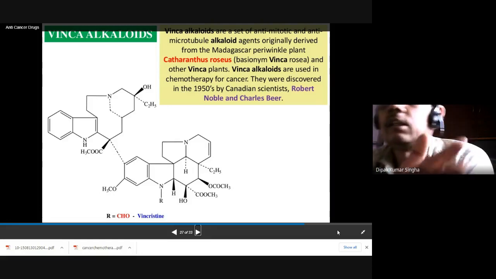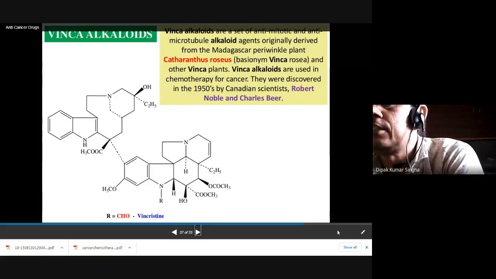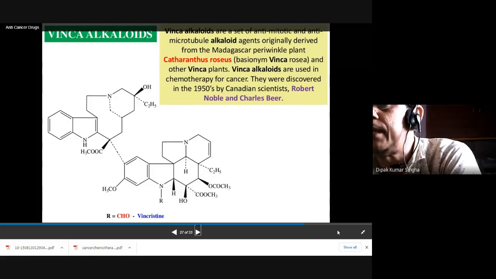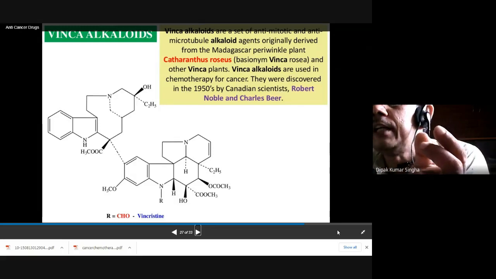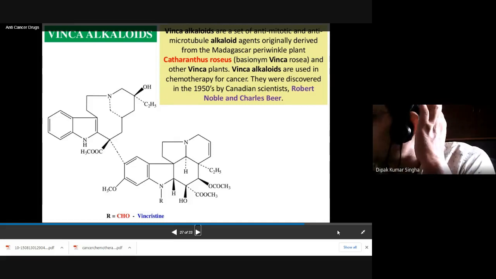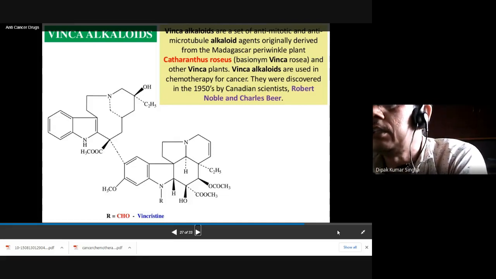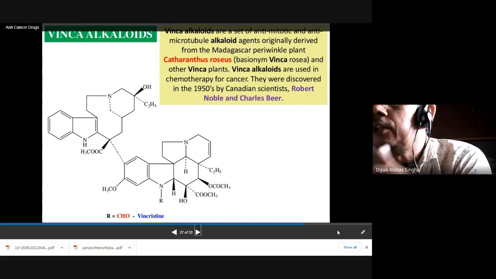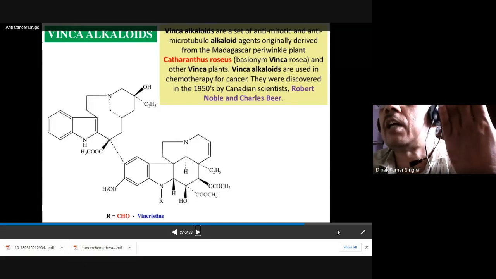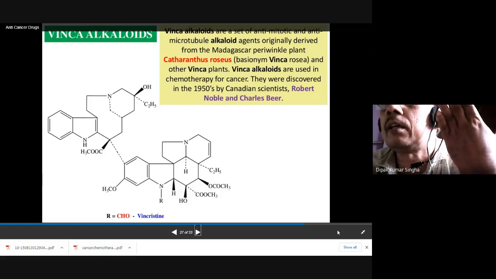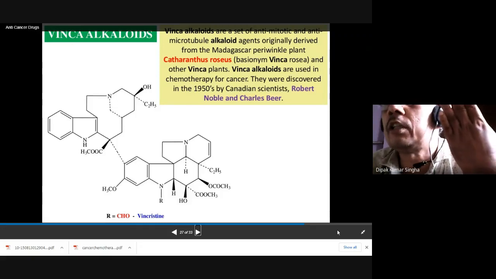Nowadays, it is not cropped in the land. It is just cultivated in the laboratory by plant tissue culture. Nowadays, this is very useful for commercial production of different drugs. There is another problem: if you crop, sometimes insects can destroy the leaves also.